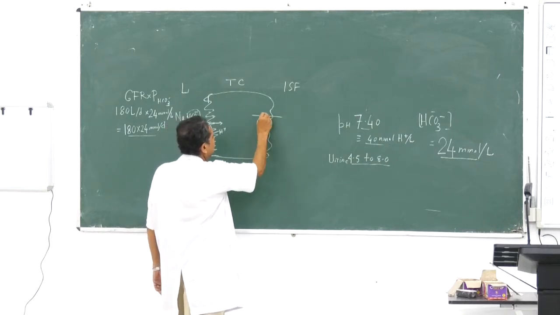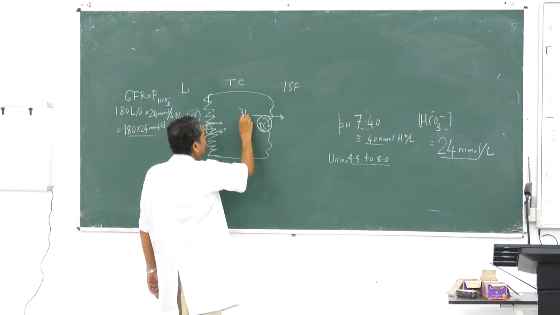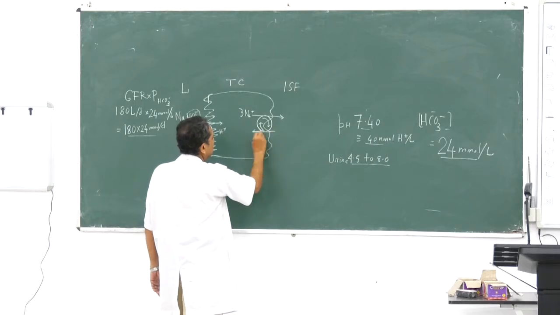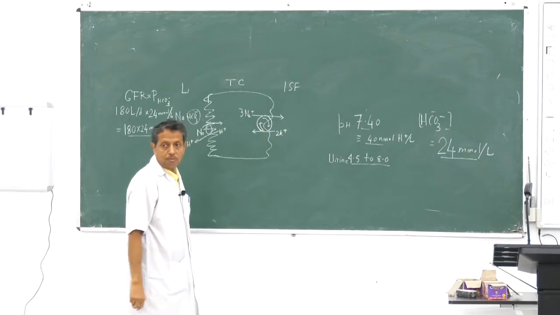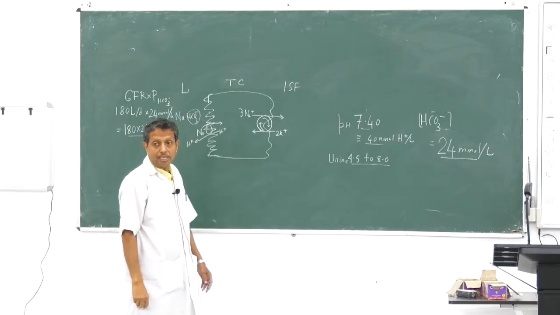3 sodium ions are going out in exchange for 2 potassium ions from the basolateral side.